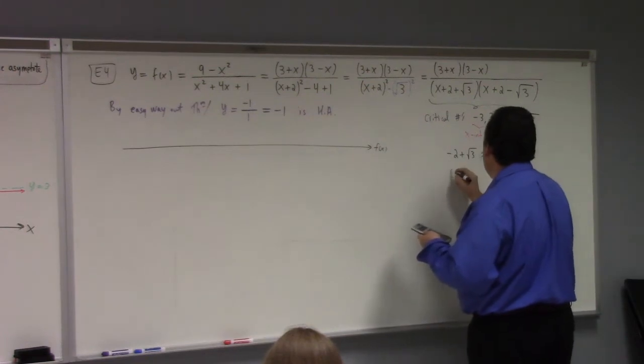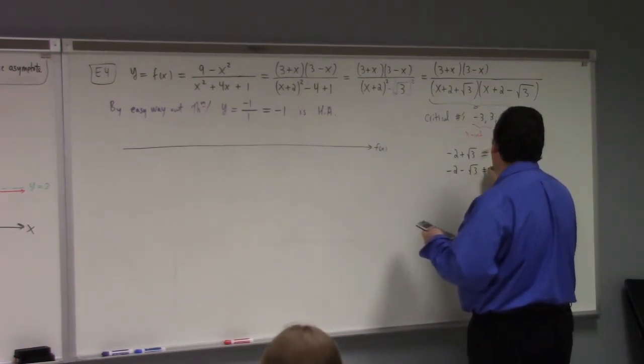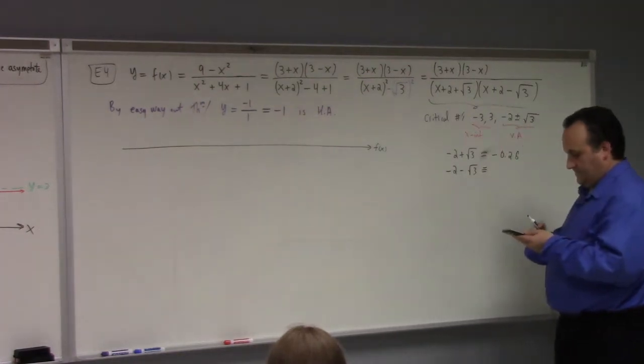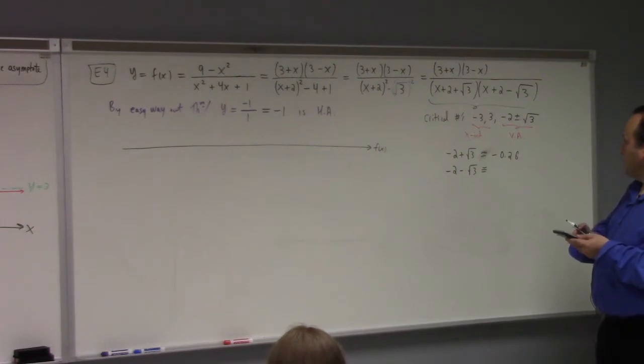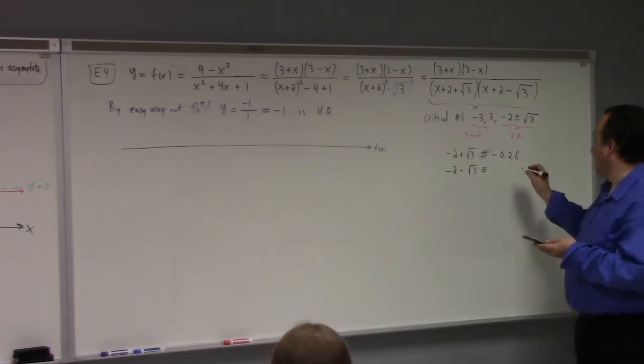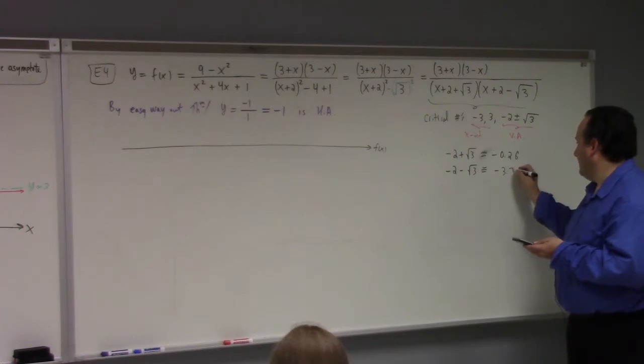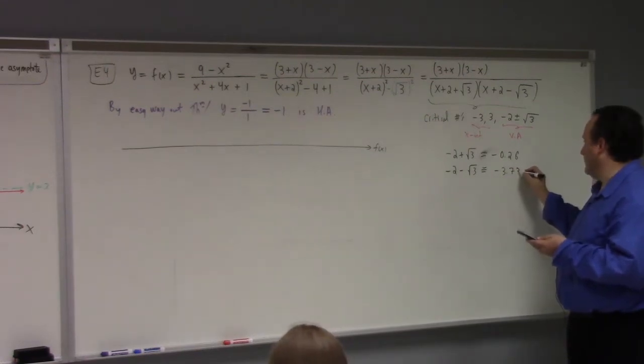On the other hand, minus 2 minus the square root of 3 is approximately, I'll get it eventually. Minus 3.73-ish, all right?